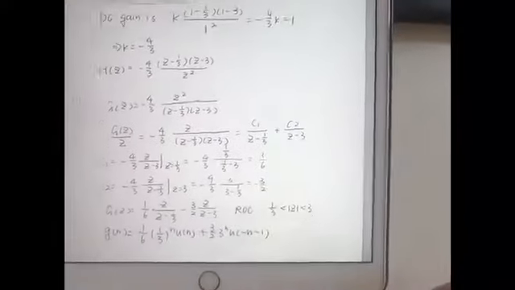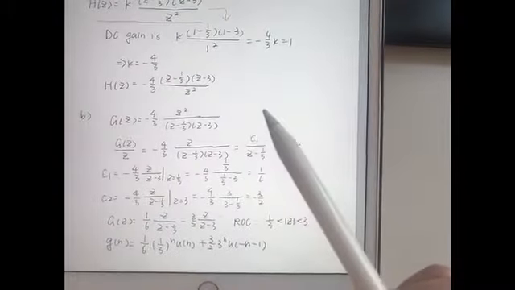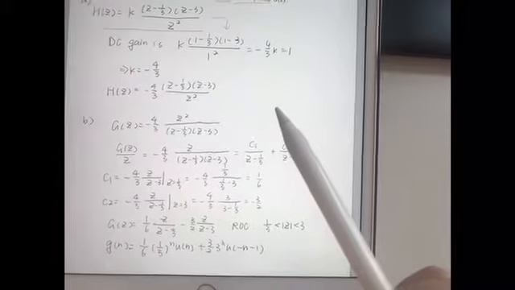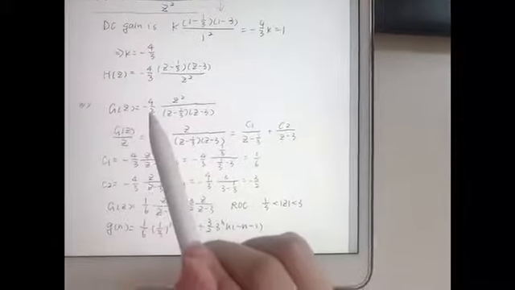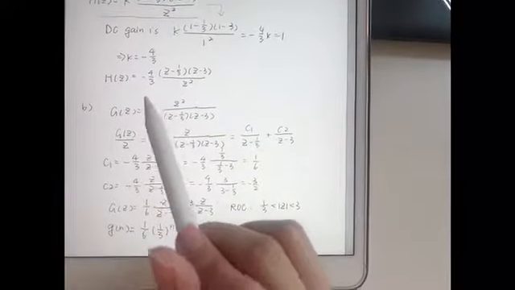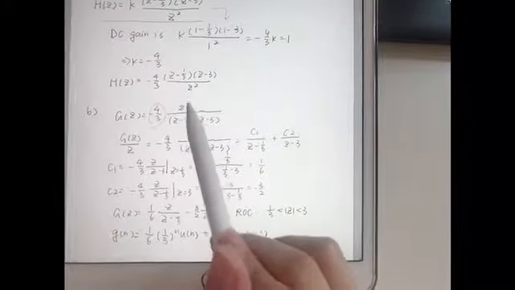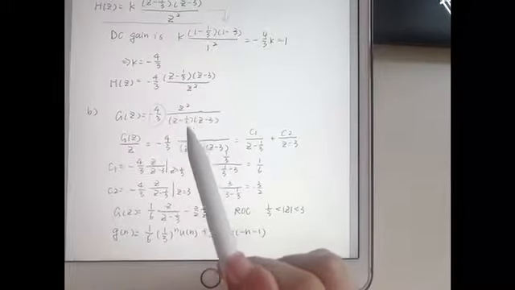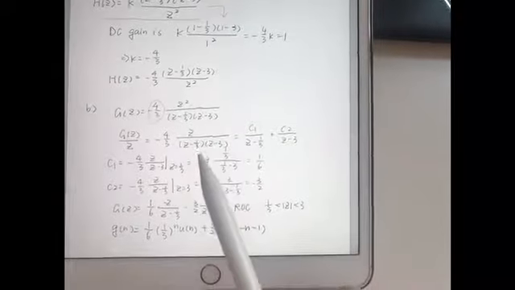At first, we can invert the system, and we get the expression G(z). So G(z) equals k multiplied by z squared divided by (z minus 1/3) multiplied by (z minus 3).